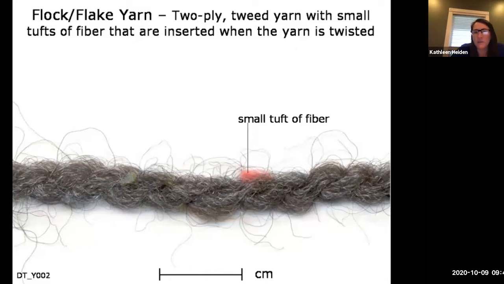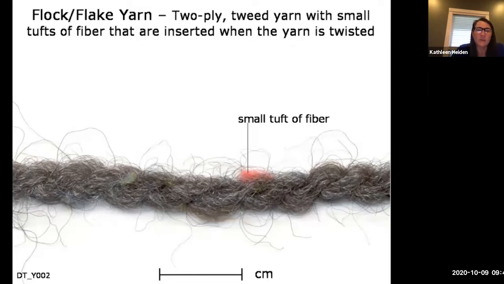So we have small tufts of fibers that are inserted into the yarns as they're being made into a ply. Those small tufts, which are known as our flocks or our flakes, are usually colored yarns. So we're creating a random surface interest of just specks or spots of color within our yarn.